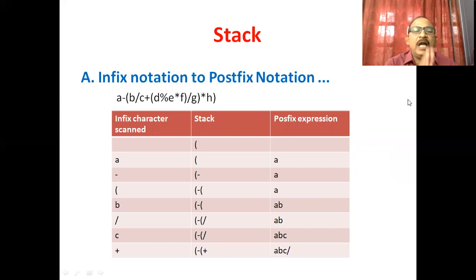We simply add this operand to the postfix expression. Now the postfix expression becomes A. Minus is encountered, an operator is encountered. We push this operator onto the stack. Left parenthesis is encountered, we push this onto the stack. Operand B is encountered, we add this B at the end of the postfix expression. Now the postfix expression becomes AB.